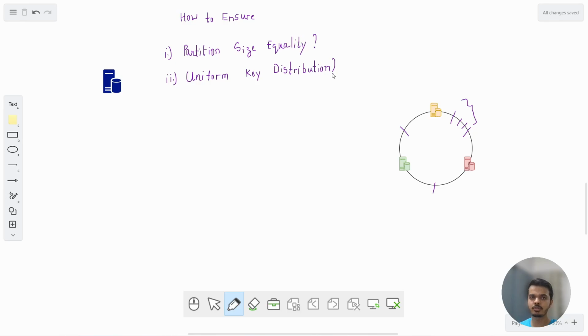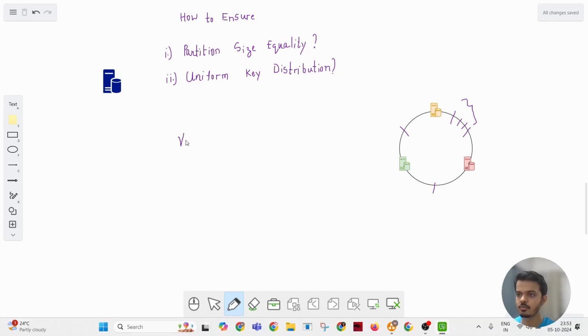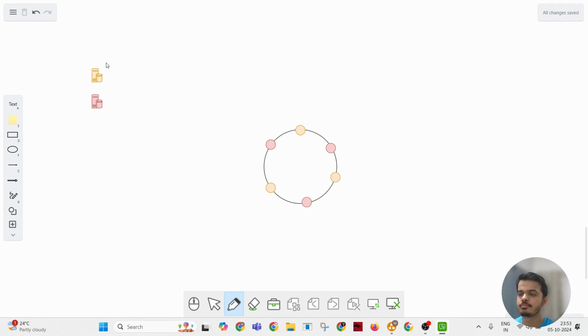Now how do we solve this problem in consistent hashing? We'll introduce something called a virtual node. Let's understand this. Consider a case where we have only two servers, S0 and S1.